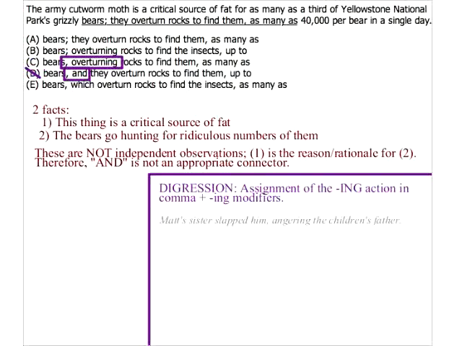And then the other example would be, Matt was slapped by his sister, angering the children's father. Okay. Let's talk about who made whom mad in these problems. In both cases we're talking about the same action. Yeah, Matt's sister said "pow" across the face or whatever. But what's the difference between these two sentences? Let's see if any of you can explain briefly in the text box.